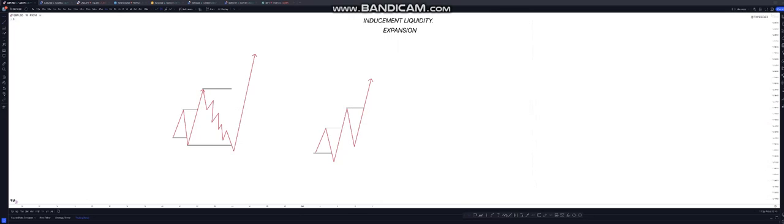Now note, in a situation like this, this high is an inducement first. Before price takes it out, it is an inducement. After price takes it out, it becomes a transactional liquidity. So now we have a very nice swing structure here.